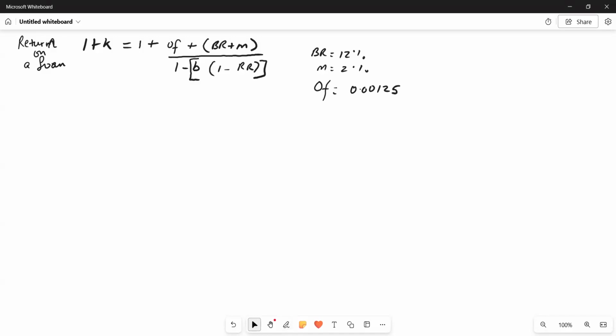All right. And it imposes a 10% compensating balance. So your compensating balance is 10%. All right. And there's a reserve requirement of 10%. Okay. Reserve requirement.